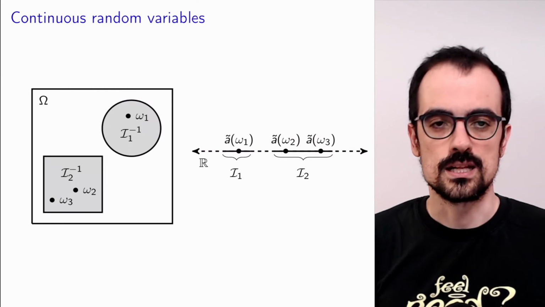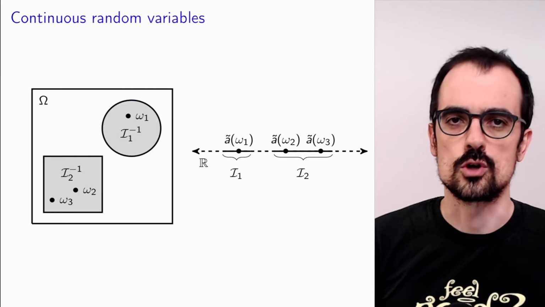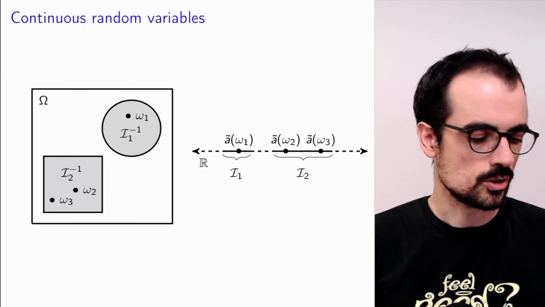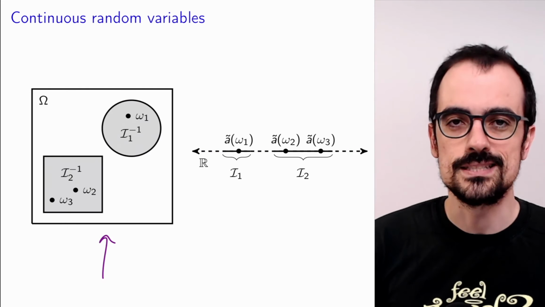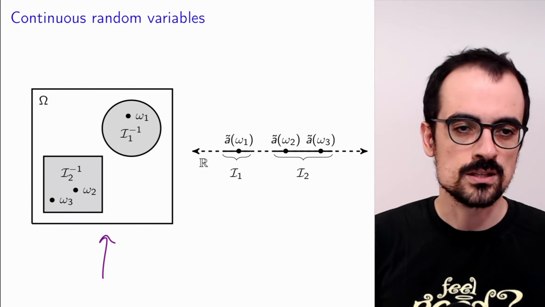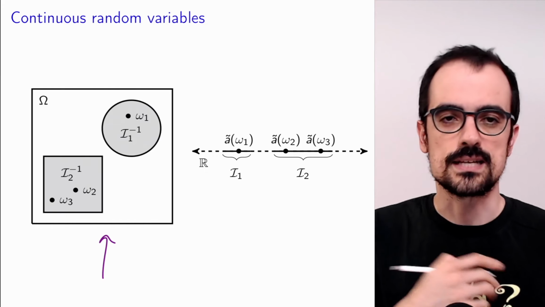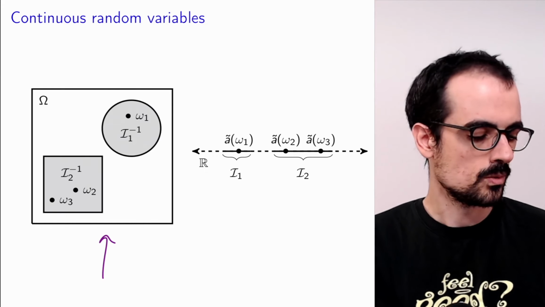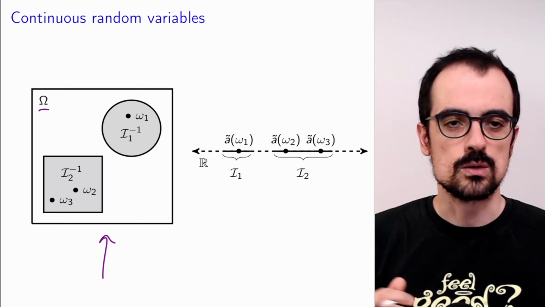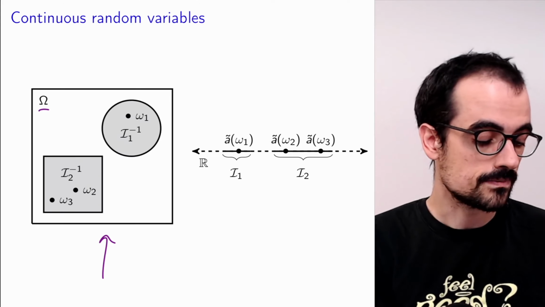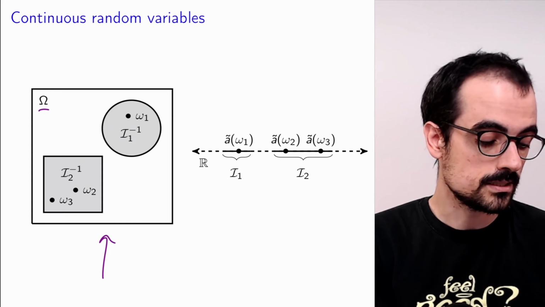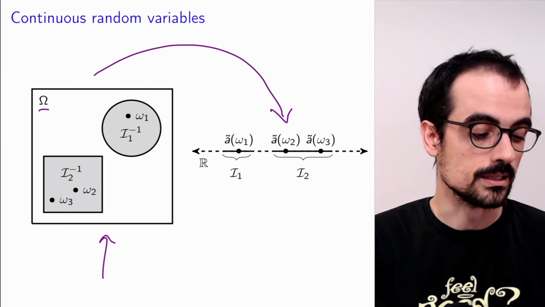Let us remind ourselves how this works for continuous random variables. So here I'm showing you the underlying probability space. And the idea is that we have this probability space that has a sample space, which we denote by omega. And the way we represent the random variables mathematically is as functions from this sample space to the real line.